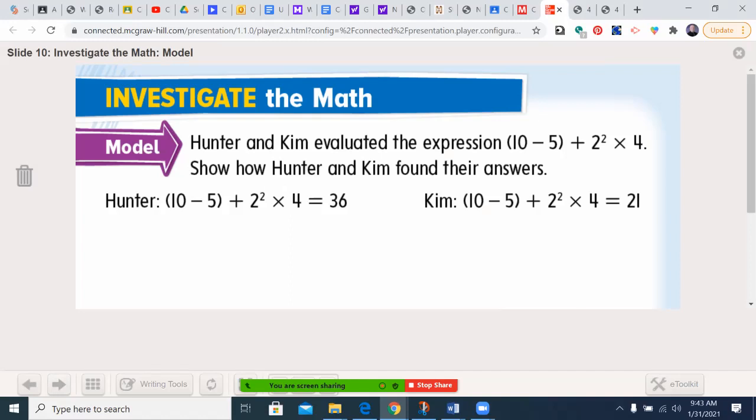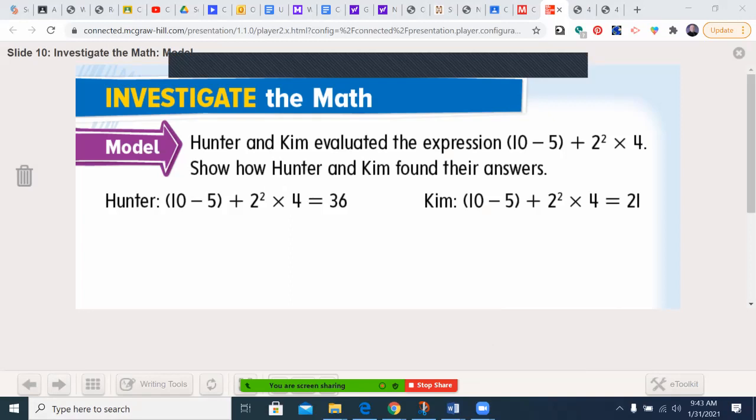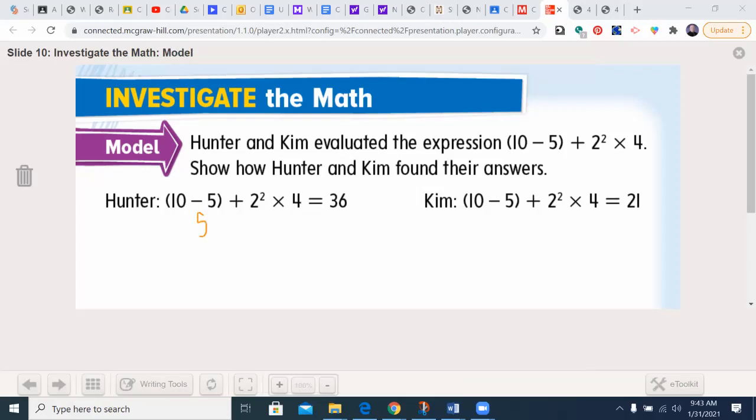Hunter and Kim evaluated the expression 10 minus 5 plus 2 squared times 4. Show how Hunter and Kim found their answers. So I'm going to grab my annotation tool here. Let's look at Hunter, and let's think of PEMDAS. 10 minus 5 is 5, plus 2 squared is 4, times 4.